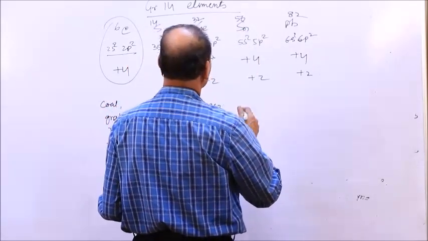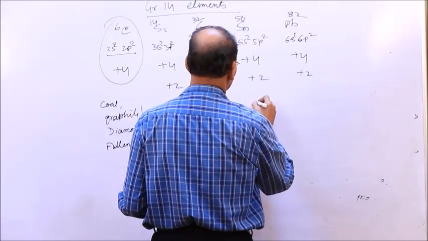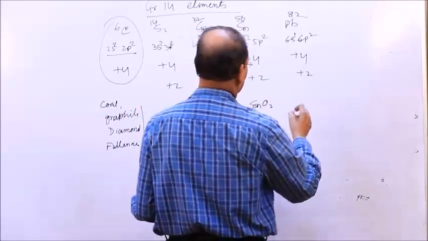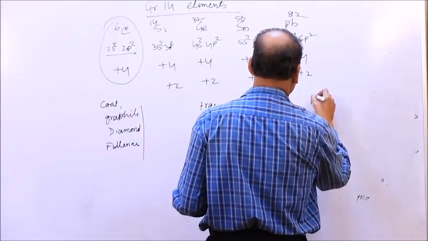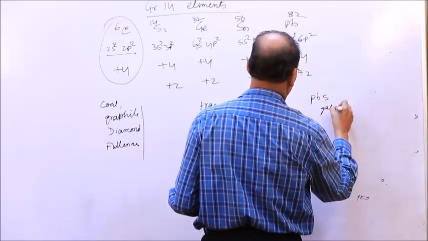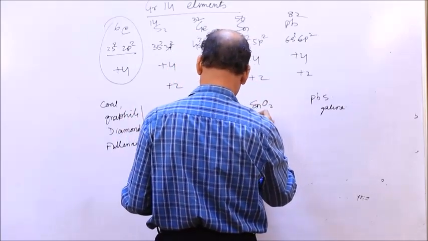Tin occurs as tin oxide, called cassiterite, and lead occurs as lead sulfide, that is galena.